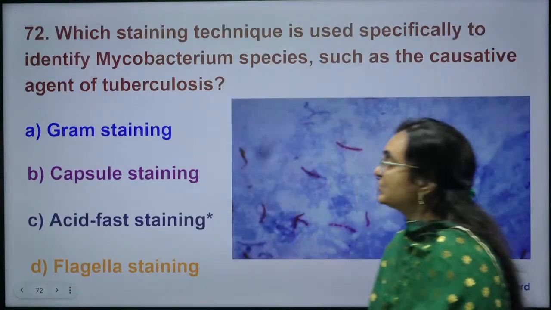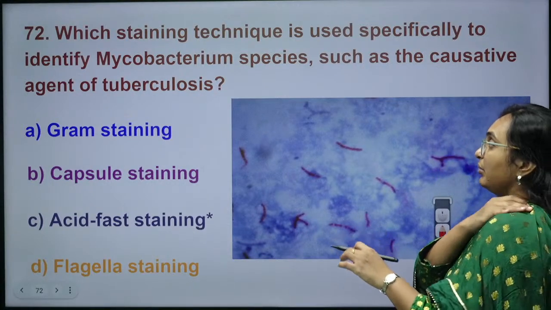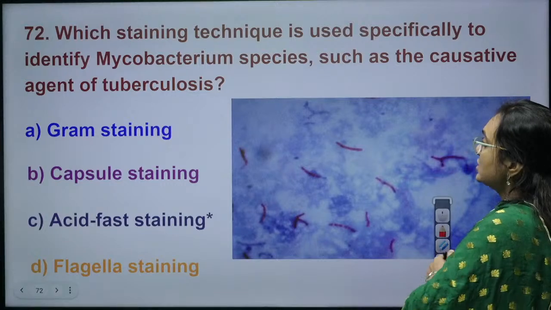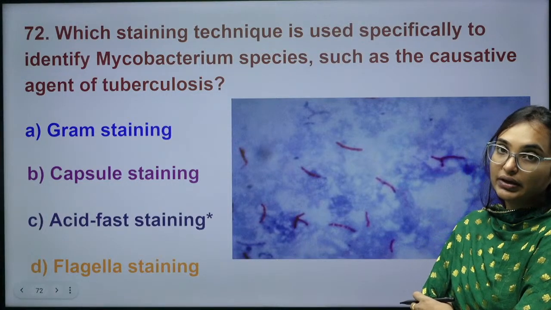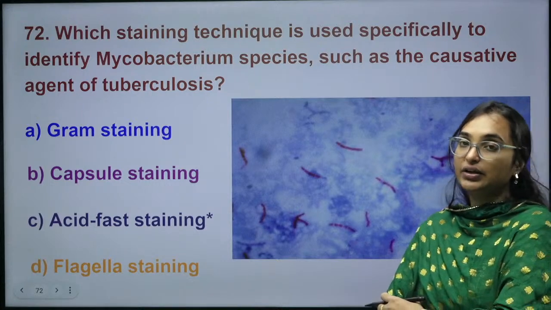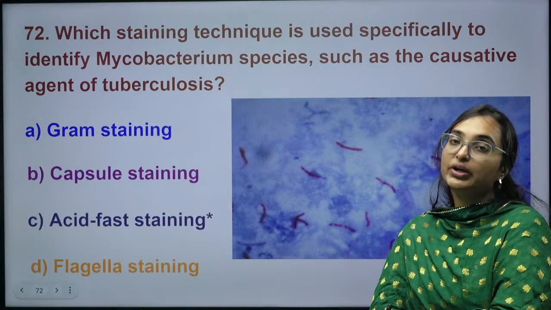We will see the next question. Which staining technique is used specifically to identify Mycobacterium species such as the causative agent of tuberculosis? We already discussed. Some bacteria which have fatty layers cannot be stained by normal staining procedures. They cannot be decolorized by acids.